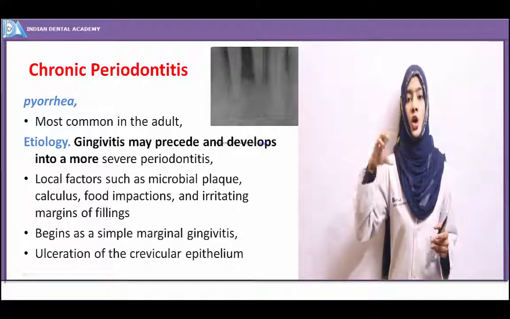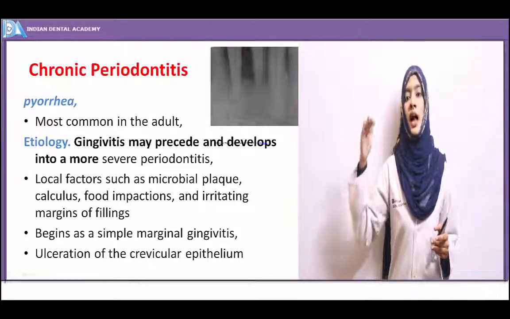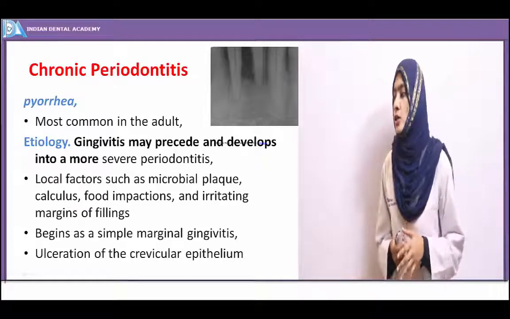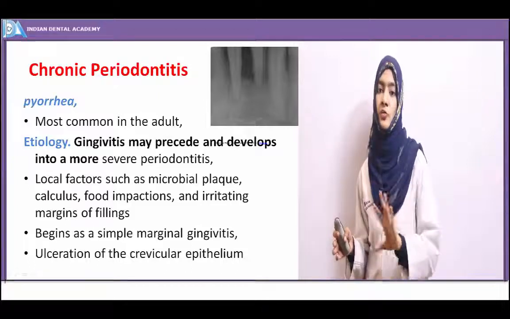It leads to loss of attachment, loss of alveolar bone, and ultimately periodontal loss. Okay, bone loss. So, gingivitis should precede the development of periodontitis.